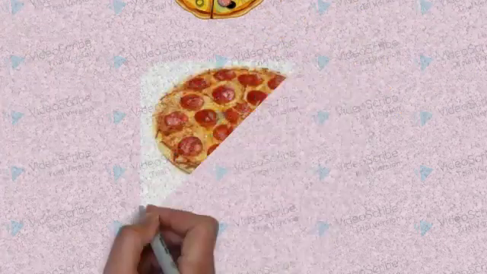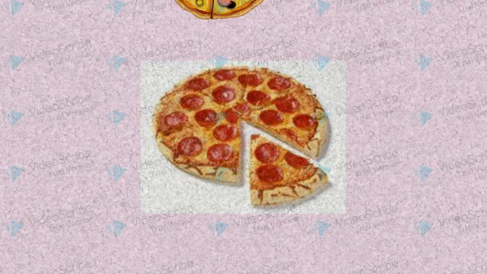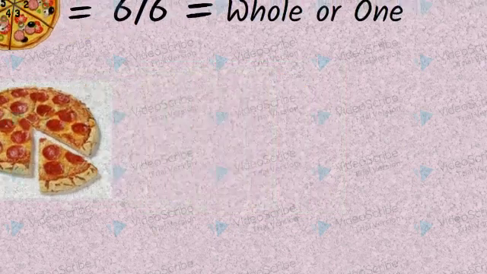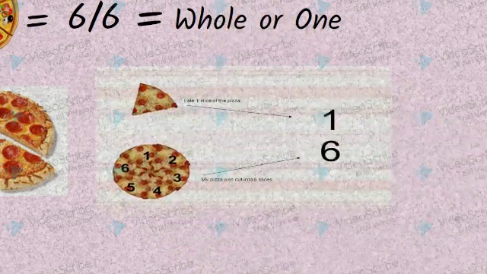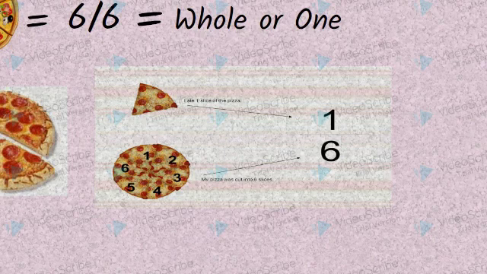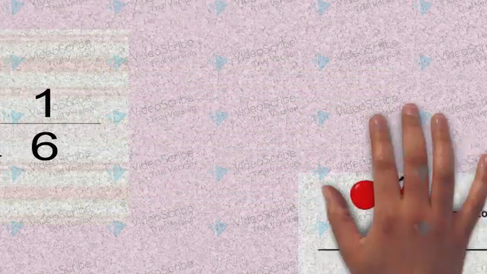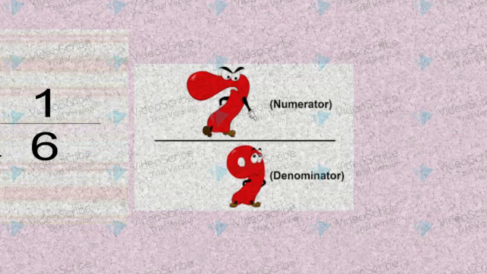Talia wanted to eat 1 slice of pizza, so 1 is eaten from 6. I write the fraction as 1 over 6. 1 above the line is the slice eaten, and 6 is the total parts. 1 is called the numerator, and 6 is called the denominator.